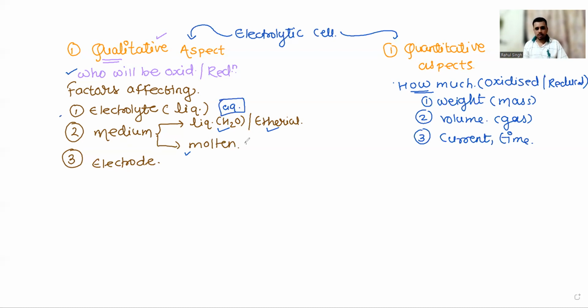Molten is easier than the aqueous state. And the electrode: we have seen two types, active and inert, and we will study more electrodes.